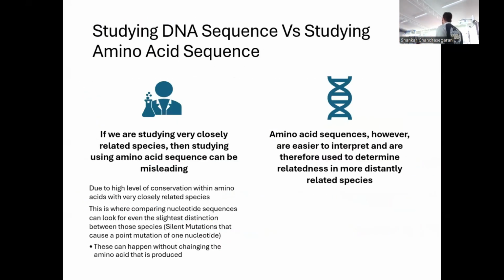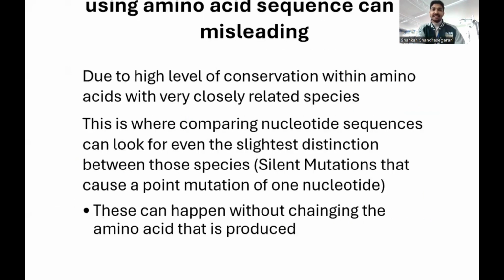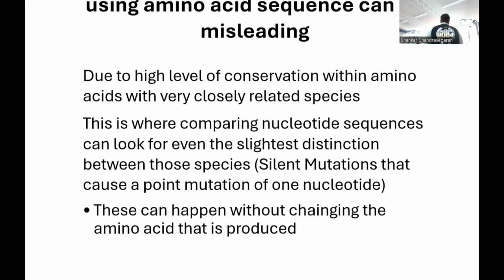So like I said, why would we use DNA sequence studying compared to studying amino acid sequence? When we are studying closely related species, amino acid sequences can be misleading. Due to the high level of conservation within amino acid sequences between closely related species, sometimes we can't tell the difference between the same amino acid in different species.